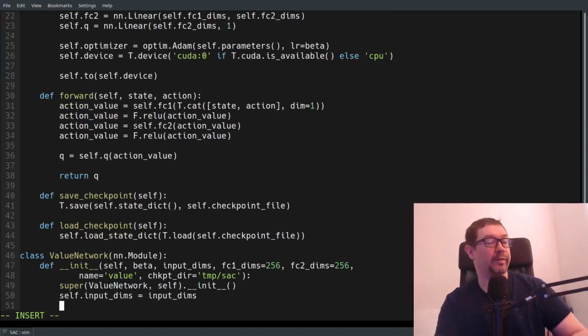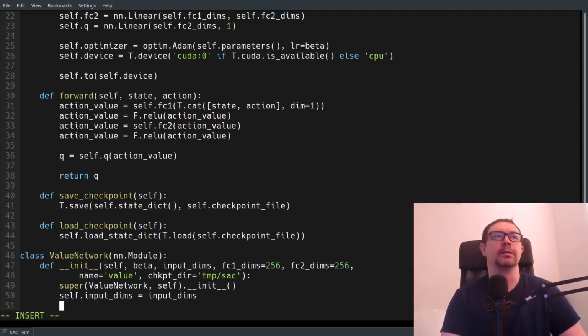And we don't need the number of actions here because the value function just estimates the value of a particular state or set of states. It doesn't care about what action you took or are taking.